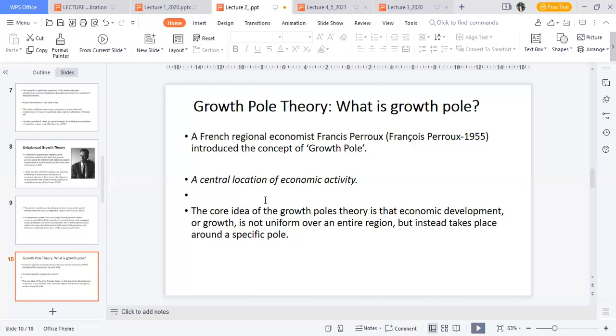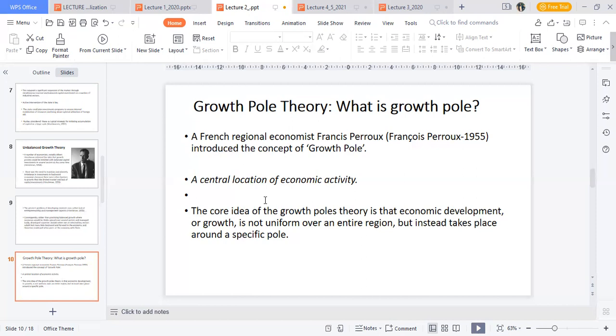If we see that, okay, Kaneshie is good, let's develop Kaneshie, and it trickles down to those in Lapaz, those areas. You understand? So the growth pole theory is somehow related to what we call the unbalanced growth theory. The unbalanced growth theory gives birth to the growth pole theory.